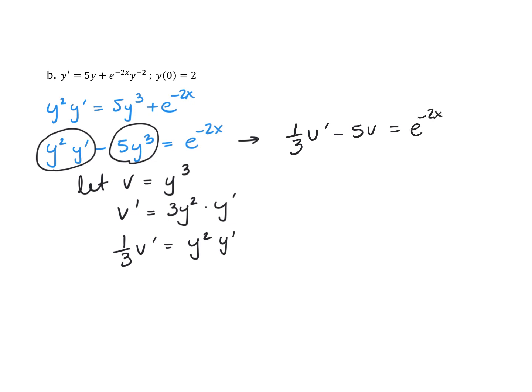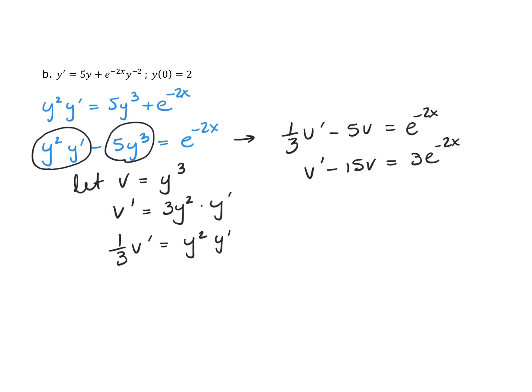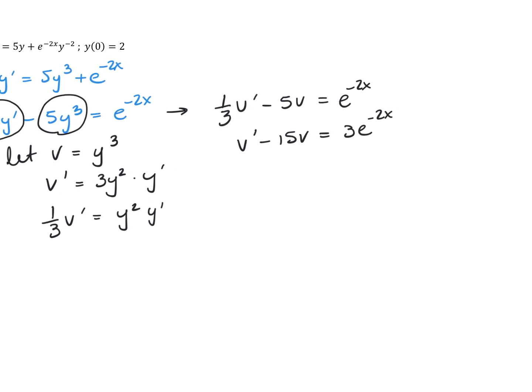Multiplying everything by 3, I'm going to have v prime minus 15v is equal to 3e raised to the negative 2x. This is, of course, a linear equation, just like we did before, in which I find my integrating factor e raised to the negative 15 dx, and I go from there.